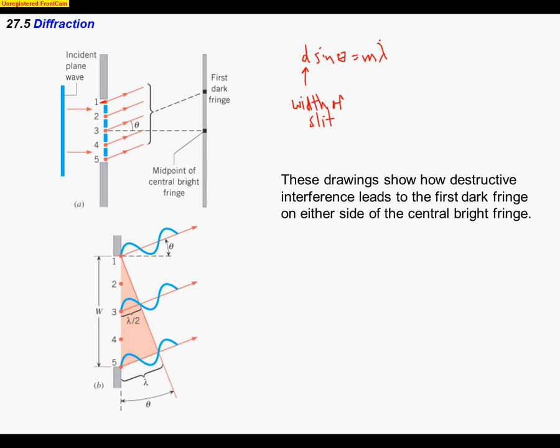Okay, so the difference here is that this angle is where we get our first dark fringe, not where we get our first bright fringe, or our second bright fringe, as it would be with two-slit interference.